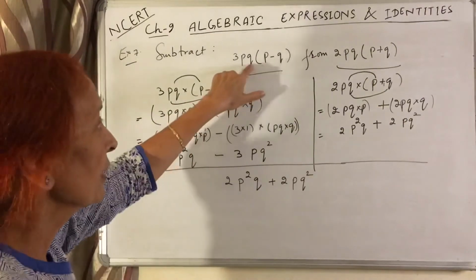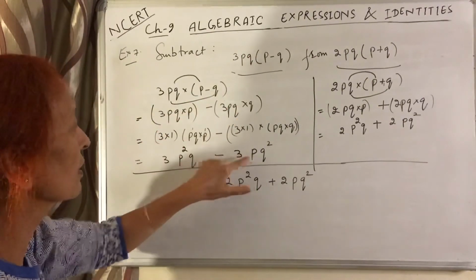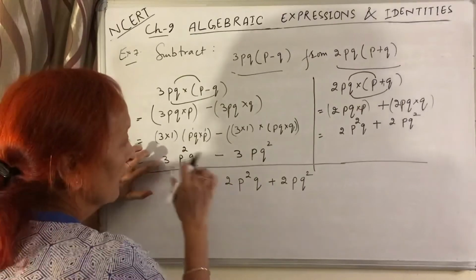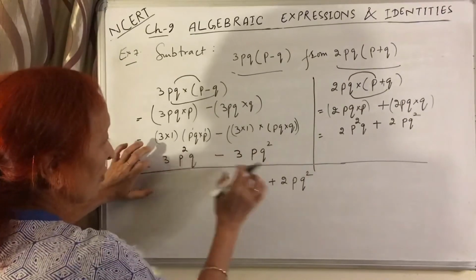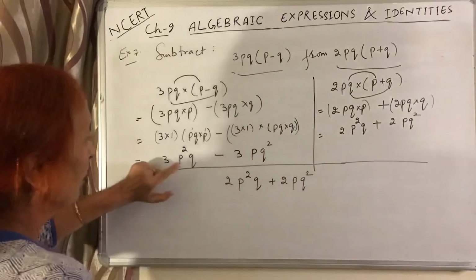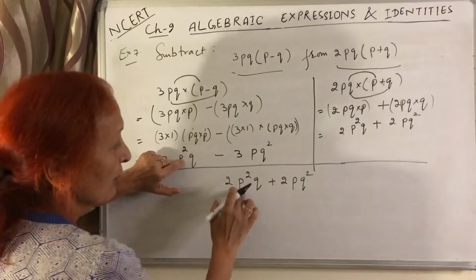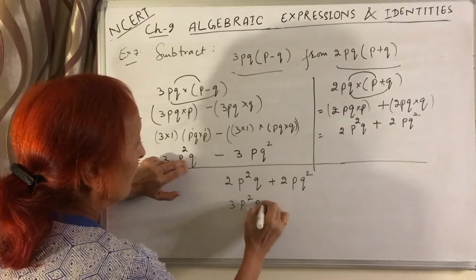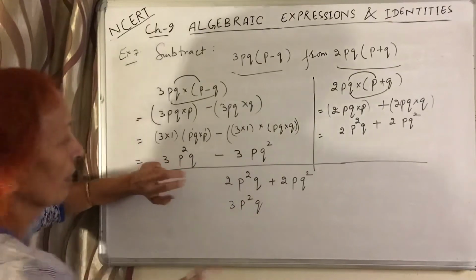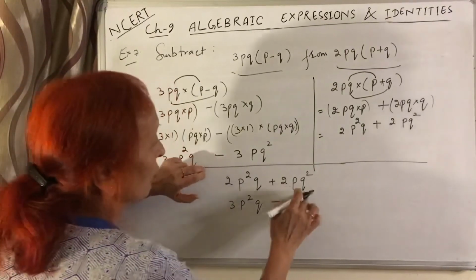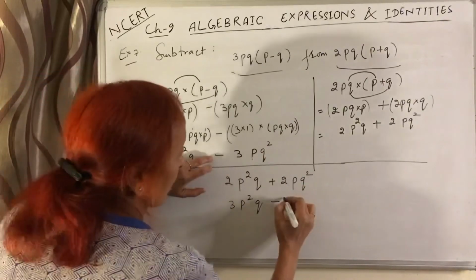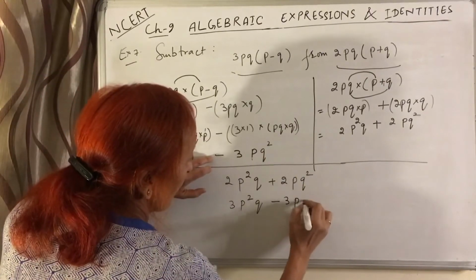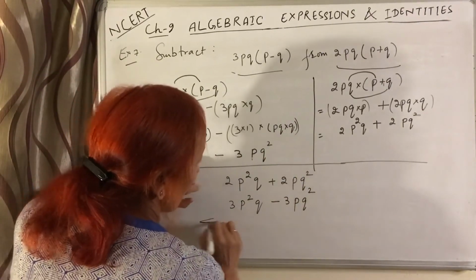We have to subtract this, so this is the simplification. We will subtract this, write this expression below this. P square q is the first term, this is p square q, so we will write 3p square q here, and minus pq square, this is also pq square. So like terms I can write this.